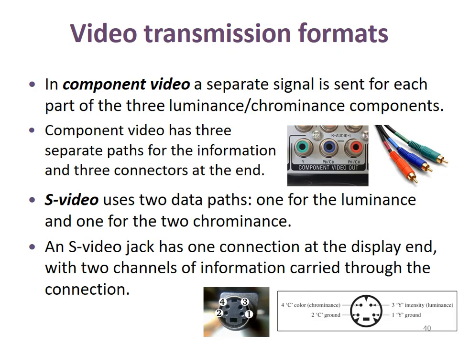And the blue and red lines correspond to Cb and Cr, which transmit color information. So we call this component video because we separate the YCbCr information using separate lines.